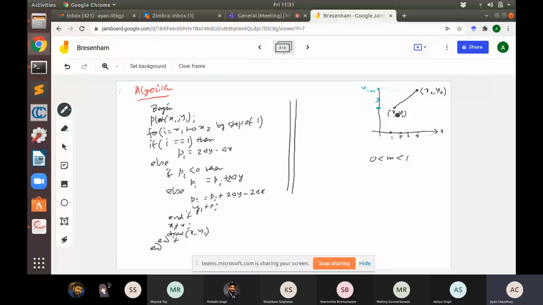Now slope you have to compute. Let's say I give you some coordinates, and if you plot them, the line looks like this, or like this, or something.